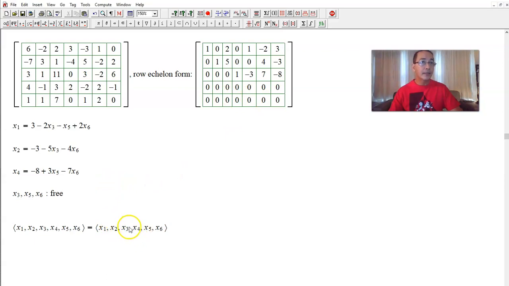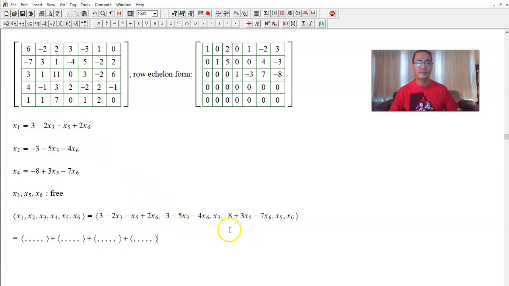So let us erase x1 and x2 and x4, and we keep x3, x5, and x6 in our solution vector, and we will copy these three into these components. Okay, so we have our solution vector over here. This equation describes all the solutions to Ax equals b.